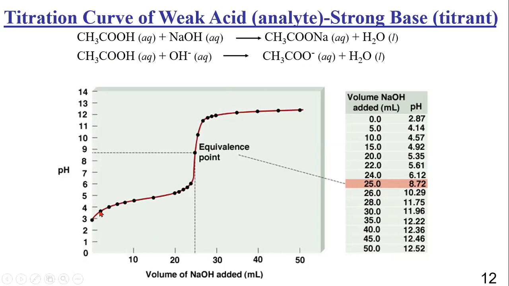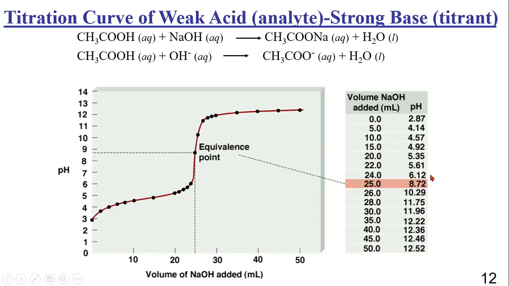Well, here I also have a more or less mild change in pH, but not as mild as the strong acid. Look, I'm going from pH 2, and after 24 milliliters, I suddenly jump to pH 6. So it's more of a gradual upward change in the pH, much more than strong acids.